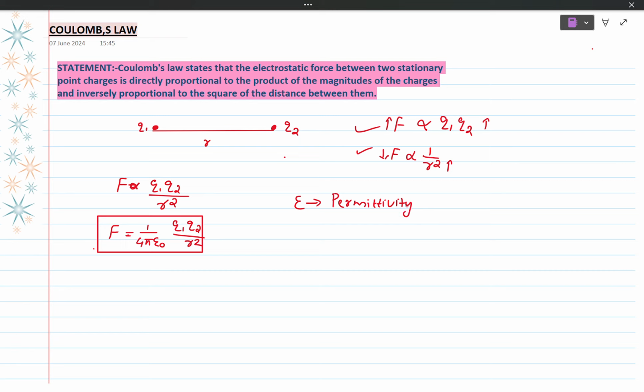Permittivity means the ability of a material to store electric energy under the influence of an electric field in its dielectric medium. In the equation, instead of epsilon, we used epsilon 0. This equation is for air or vacuum.